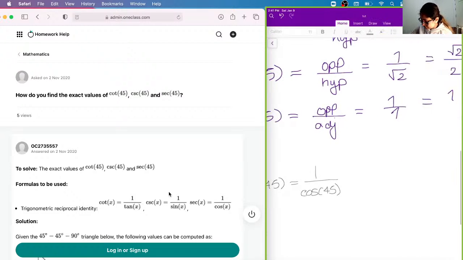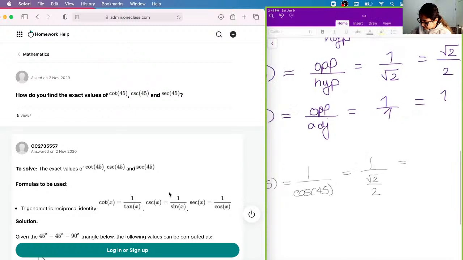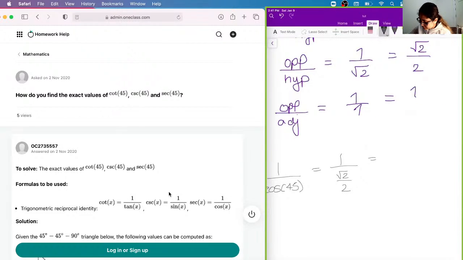We know that this would equal 1 over our value, which is square root of 2 over 2. We basically have to turn this over, so it's 2 over square root of 2.